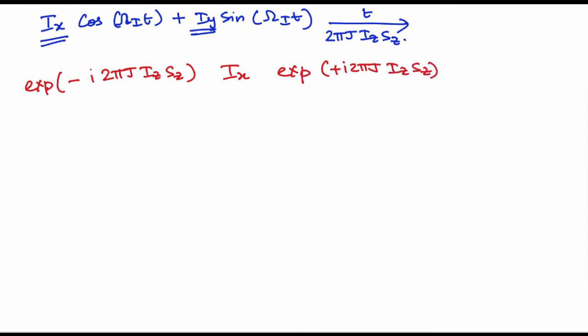So this is the same form that we have been seeing again and again: exp minus iHt times the density matrix times exp plus iHt. And in this case, the Hamiltonian is given only by the scalar coupling Hamiltonian.